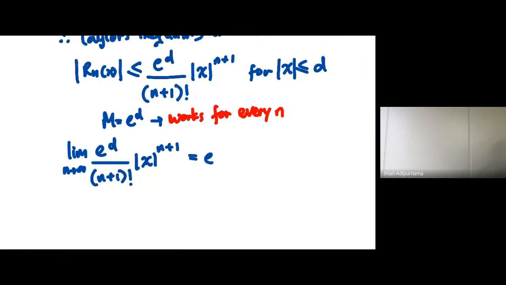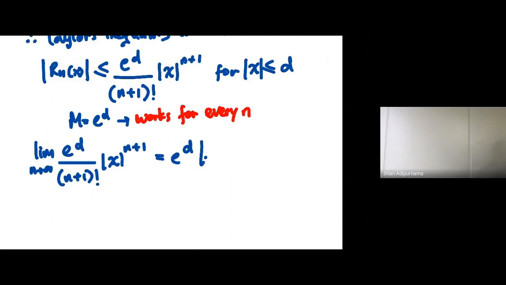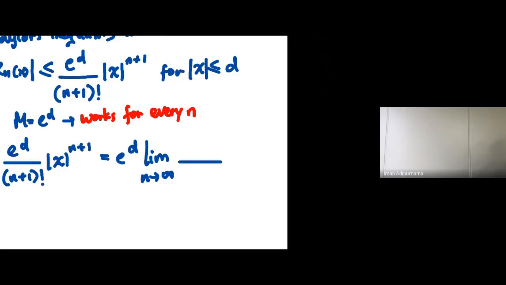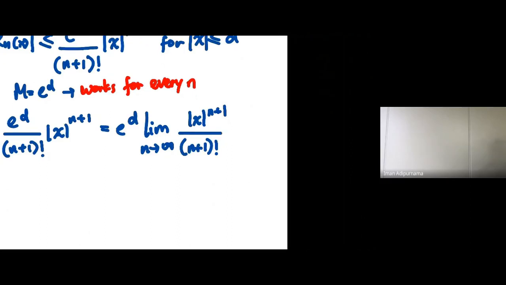This should be equal to e to the d times the limit, and from what we saw here, from what we also did before, this is equal to 0.